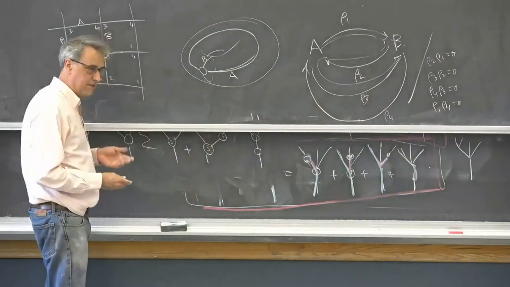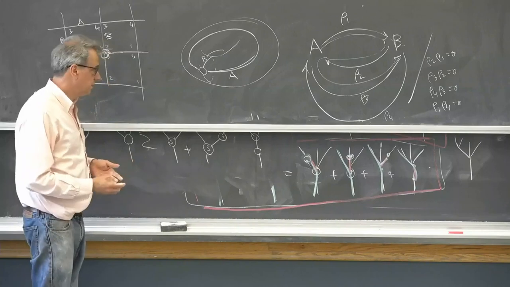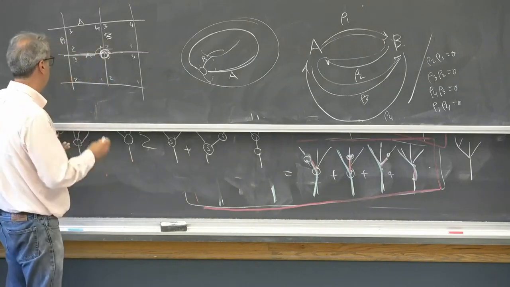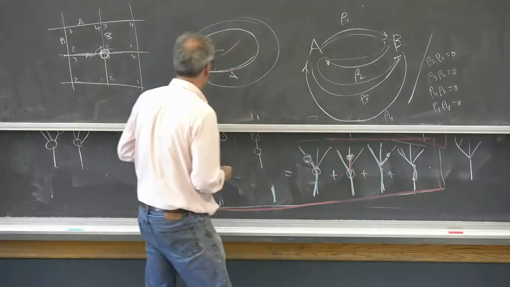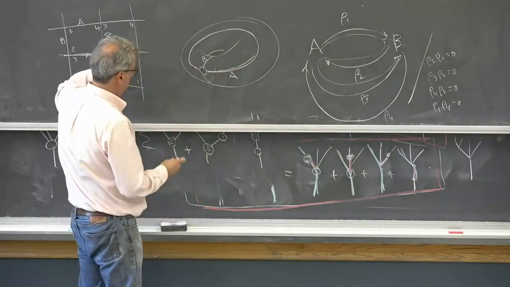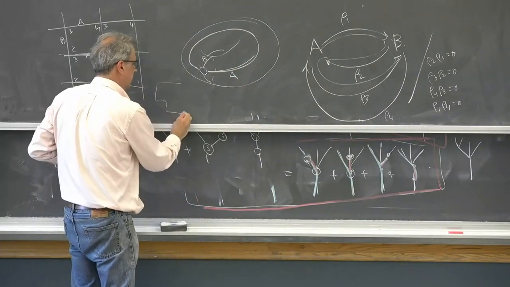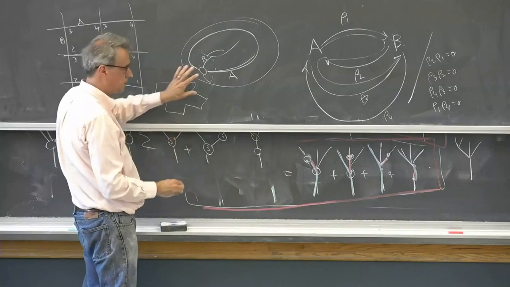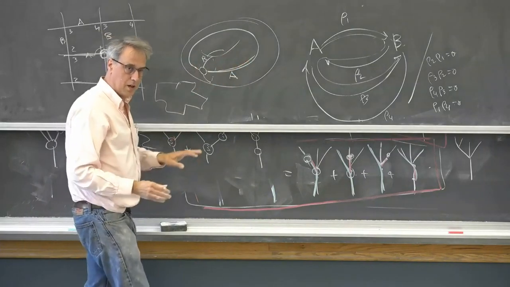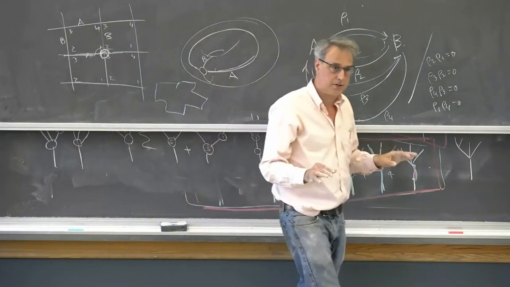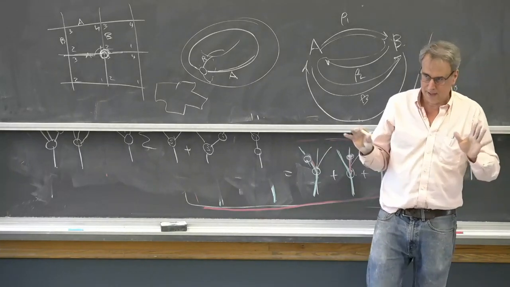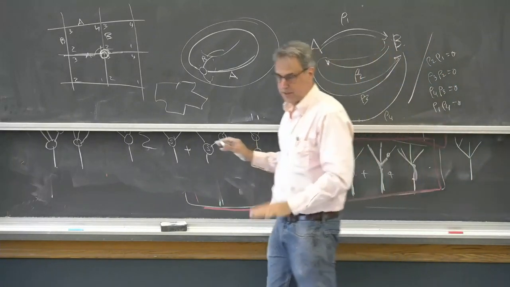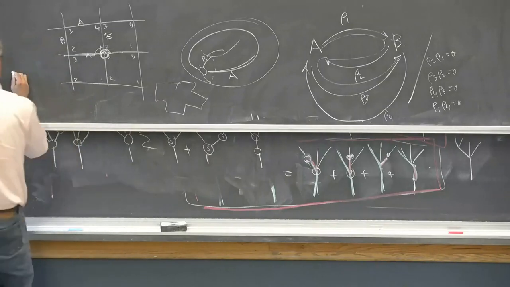But I promised you an A infinity algebra, so I have to define some higher operations. The higher operations in this case are going to count maps of the disk into this punctured torus, which are branched covers, but all the branching happens on the boundary. Let me say it in very simple terms. Here's an example.